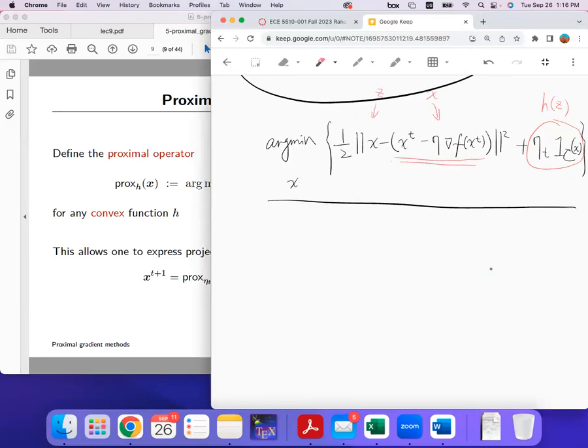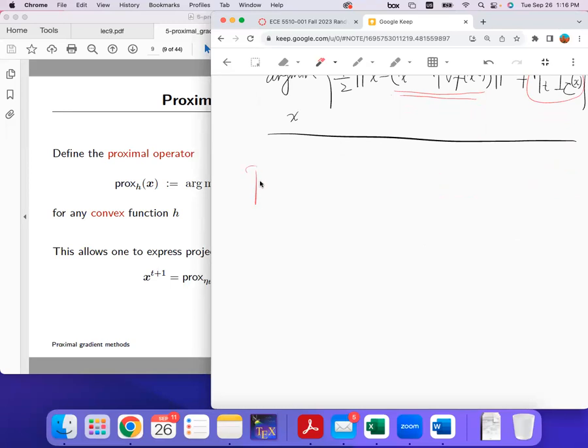So in this sense, we can conclude that the proximal operator of the indicator function is basically the projection onto C. The projection operator can be viewed as a special case of the proximal operator, associated with the indicator function on the constraint set C.